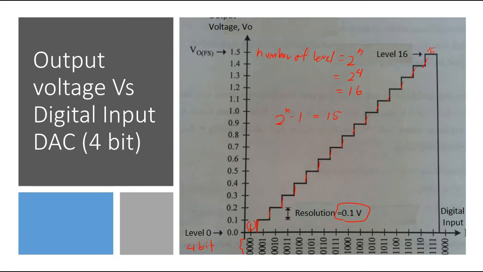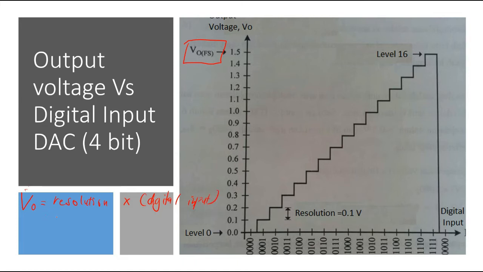If you look here, V output FS refers to V output full scale. We studied before, in order to calculate V out full scale, V out equals resolution multiplied with digital input. The resolution is 0.1. For V out full scale, it means the maximum value.